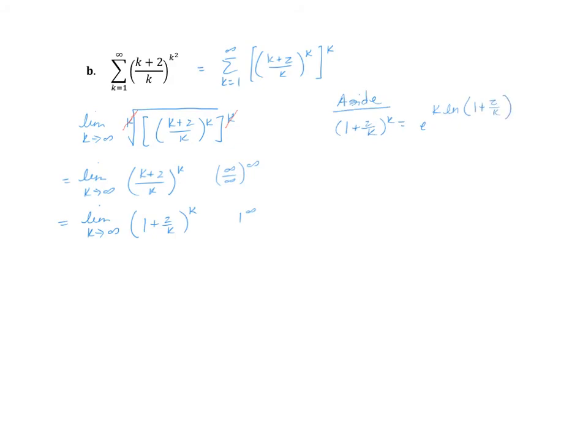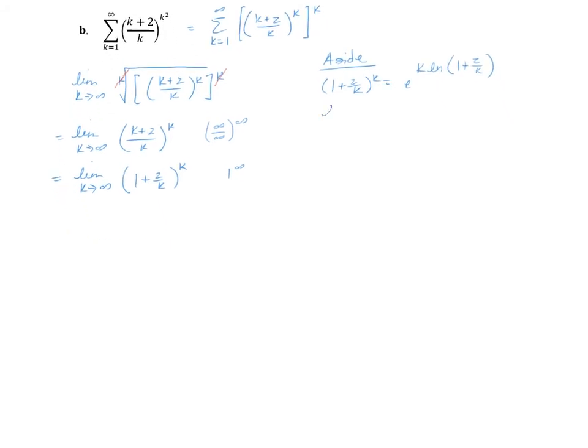And then I can go ahead and just look at the limit as k goes to infinity of k times the natural log of 1 plus 2 over k. So that limit is going to be infinity times, as k goes to infinity, 2 over k goes to 0, natural log of 1 is 0.